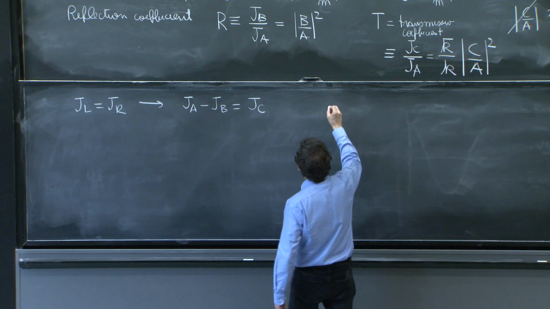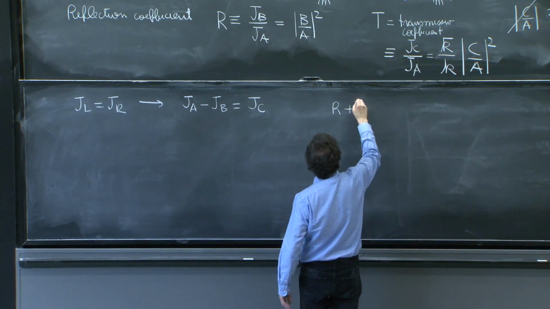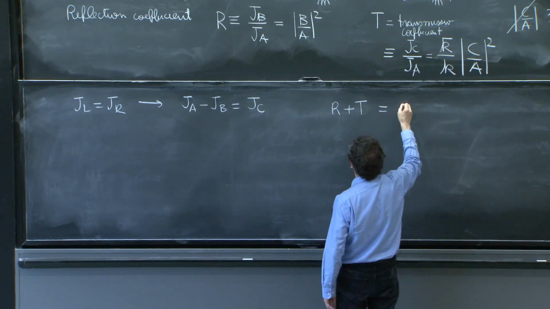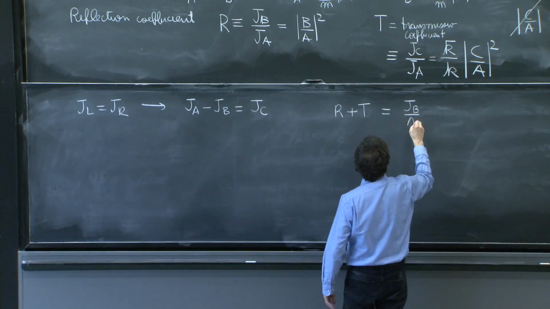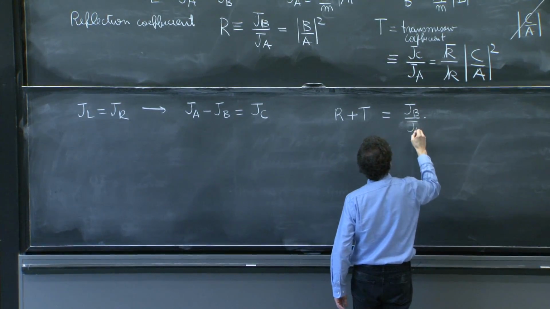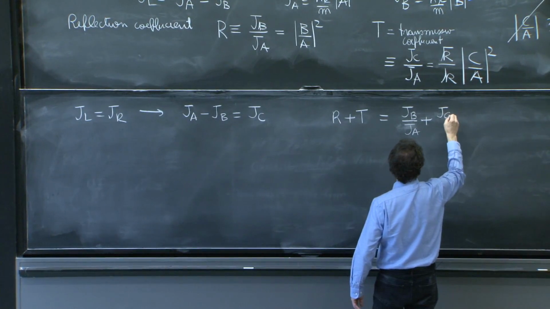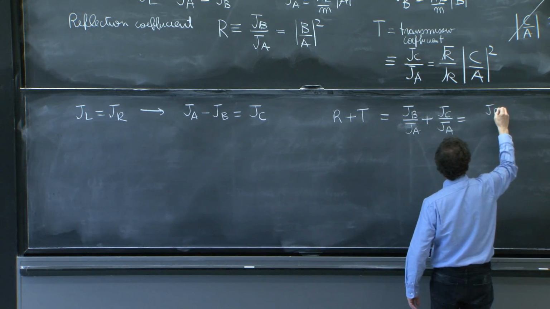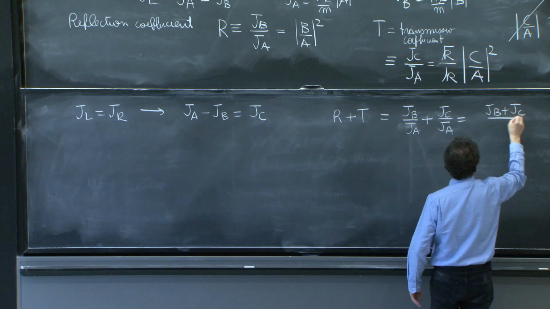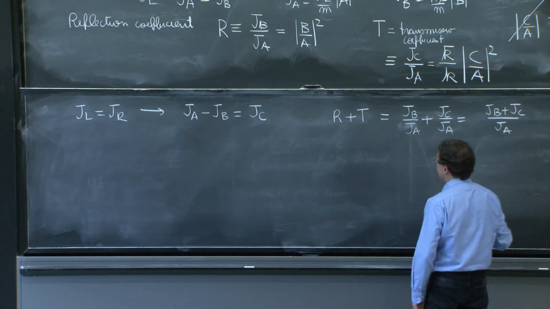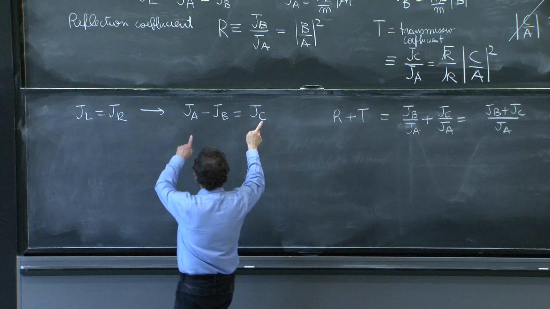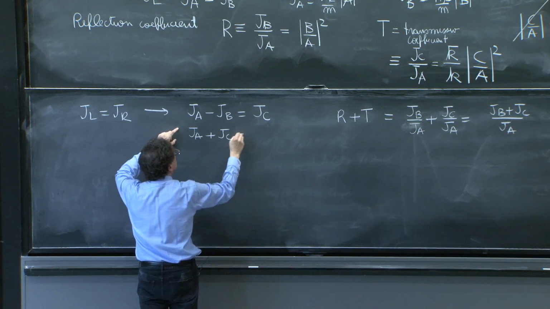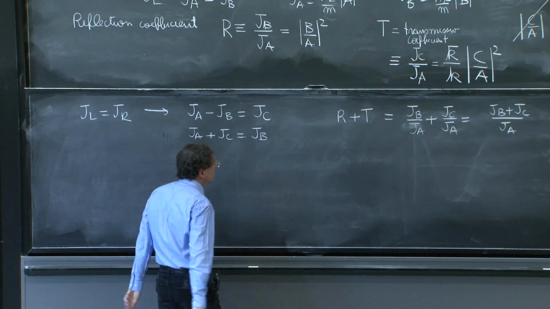And therefore R plus T, the reflection coefficient plus the transmission coefficient, which is JB over JA plus JC over JA, is equal to JB plus JC over JA.